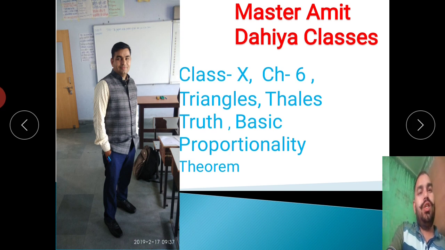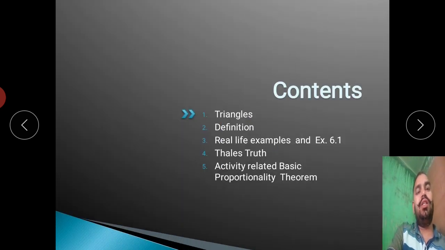Today we are going to learn about chapter number 6, Triangles. In this chapter, we will learn the definitions of triangles, some real life examples, and most importantly Exercise 6.1, Thales Theorem. What did Thales say about equiangular triangles?